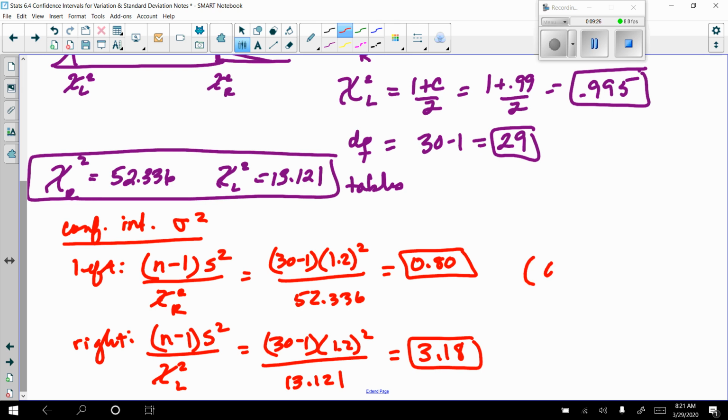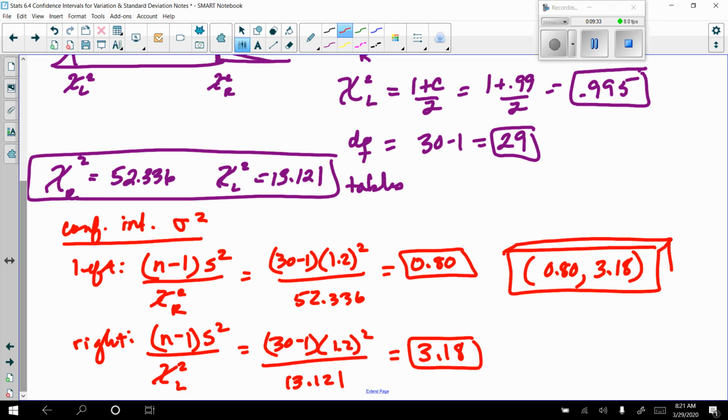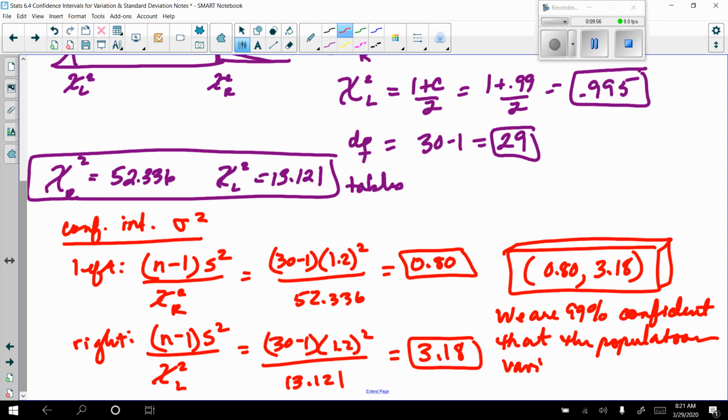So therefore my interval is from 0.80 to 3.18, which means we are 99% confident that the population variance is between 0.8 and 3.18 milligrams.